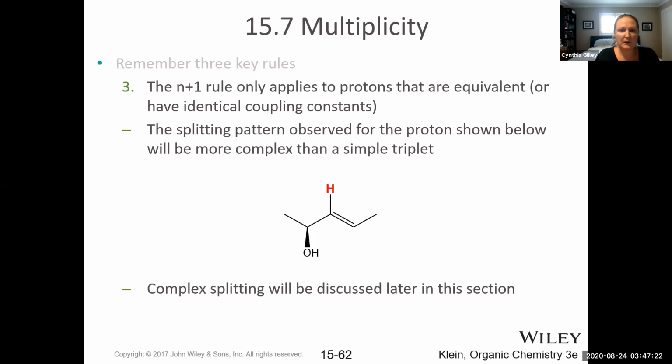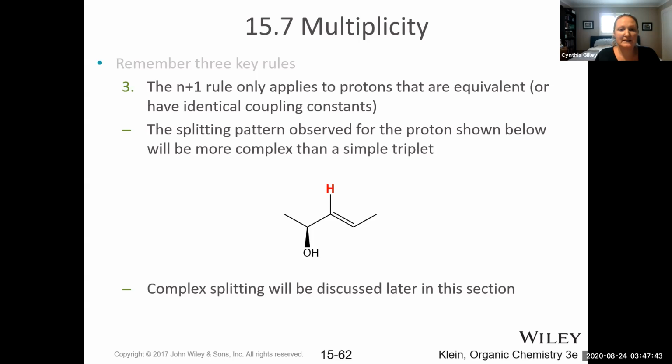Think about the middle methylene on a propyl group. Can you just use the n+1 rule to determine the multiplicity? Meaning I have 2 hydrogens on one side that are neighbors and 3 on the other side. That's a total of 5. If I use the n+1 rule, I should see 6 peaks or a sextet.